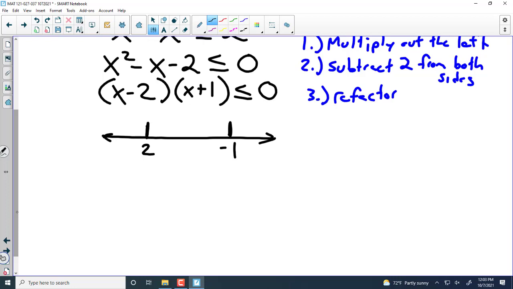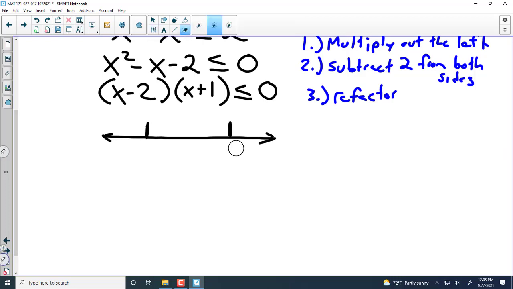This is a parabola that opens upward. If it opens upward, is it positive on the outsides or on the inside? Where is it positive if it opens upward? Well, maybe we can't figure that out. So maybe what we need to do is plug some test numbers in.